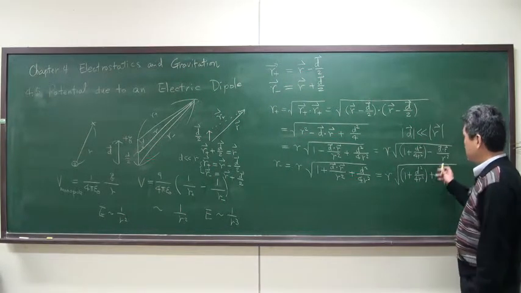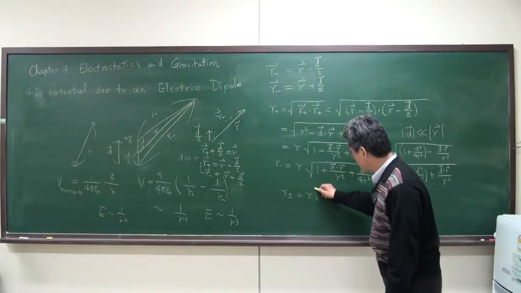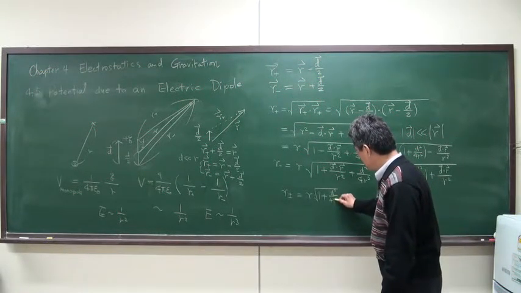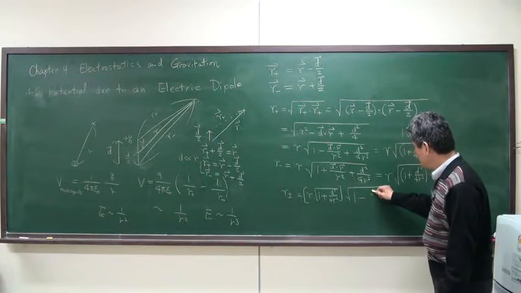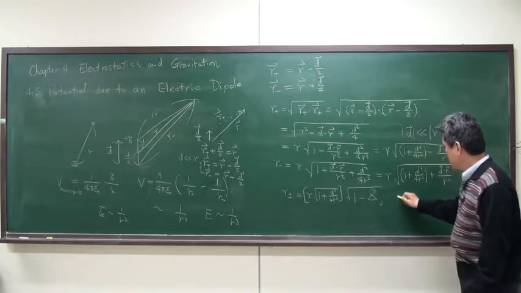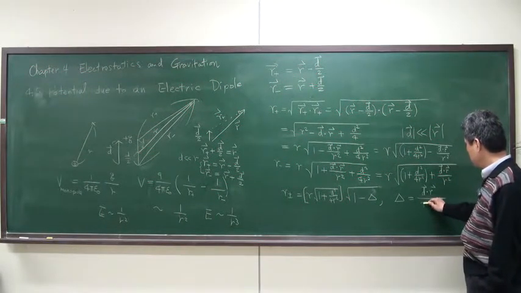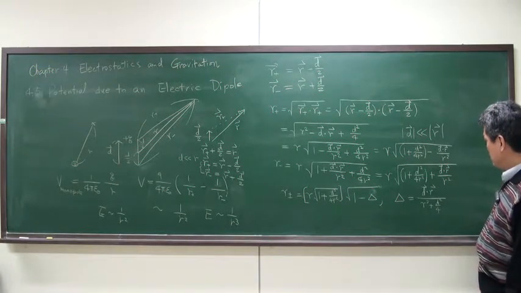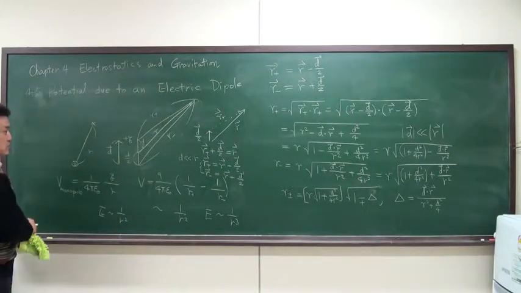So if I pull this out, r plus minus is r square root 1 plus d squared over 4r squared multiplied by 1 minus plus delta, where delta is d dot r divided by r squared, plus minus, minus plus. Okay. So let us continue.